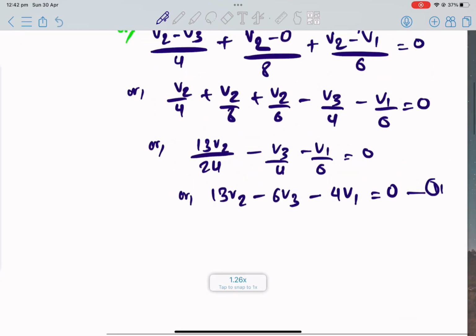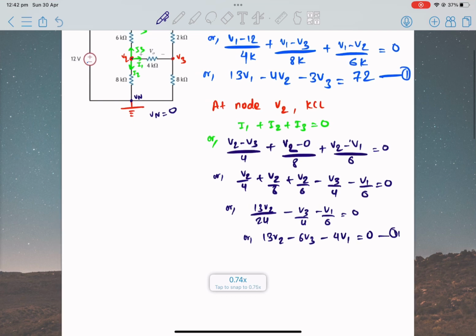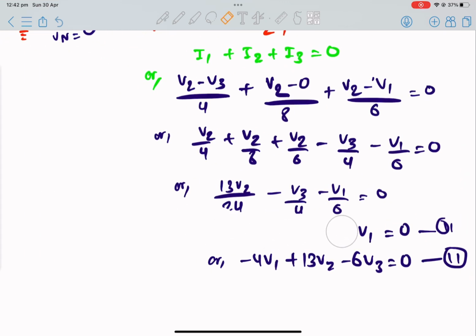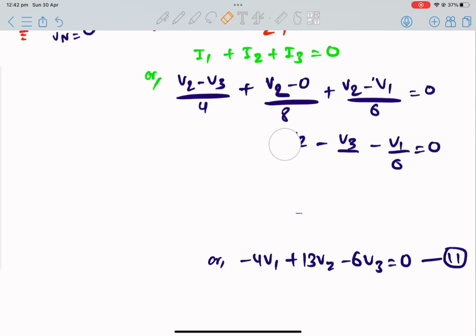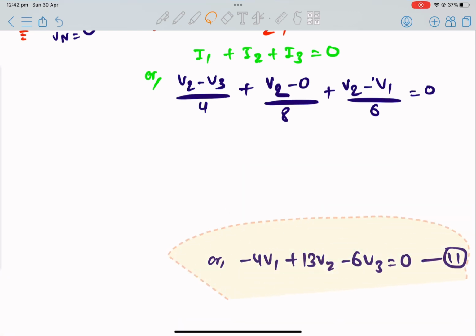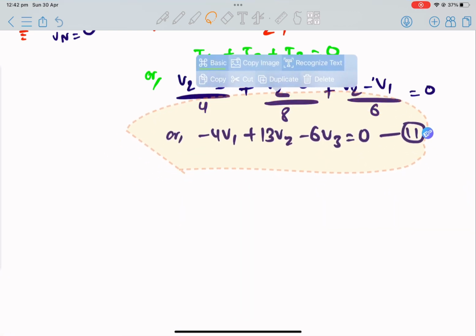Now let's arrange this in V1, V2 and V3 format: minus 4 V1 plus 13 V2 minus 6 V3 equals 0. That gives us our equation 2. So again, let me remove all these things and put this at the top. So this is our second equation.